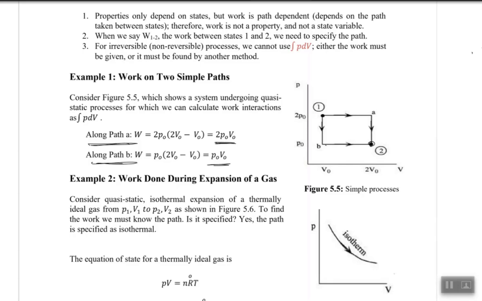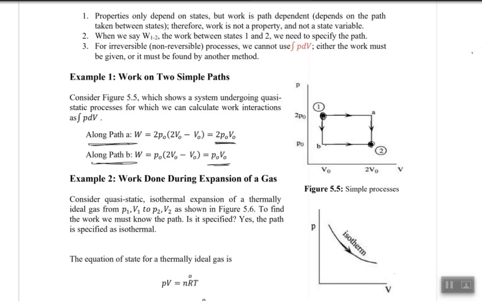Even though we have changed state from 1 to 2, I'm changing the state in two different processes. In one, I'm keeping the pressure constant, changing the volume, and then keeping the volume constant, changing the pressure. In the other, first I'm changing the pressure, keeping the volume constant, and then changing the volume, keeping the pressure constant.